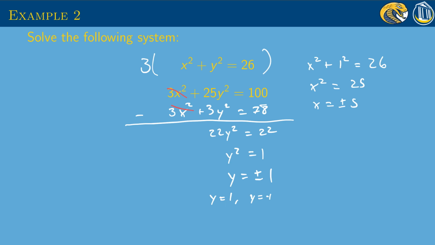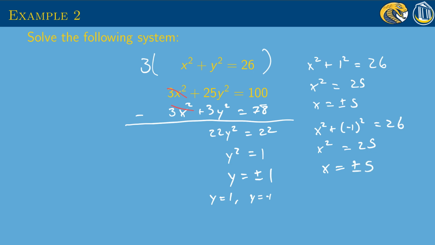It turns out, because of the properties of negative numbers, when we plug in y equals negative 1, x squared plus negative 1 squared equals 26. That's the same thing as x squared equals 25. y squared was still equal to 1 in both of these cases, and so therefore we get the same roots, x equals plus or minus 5.